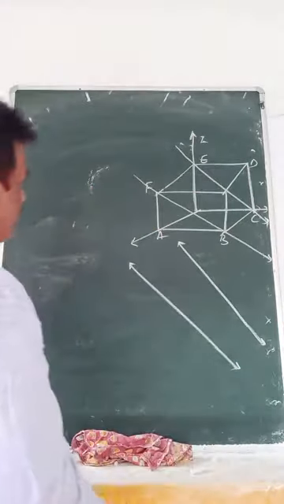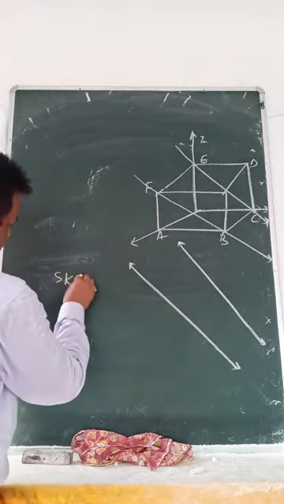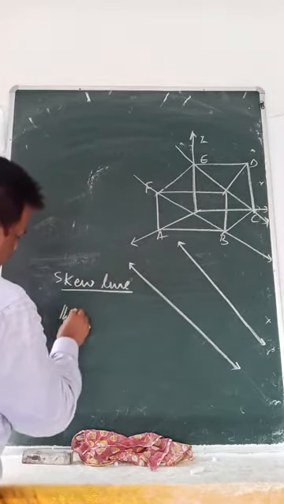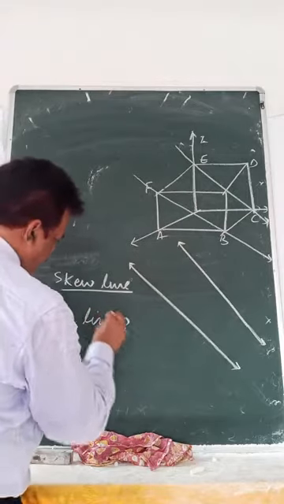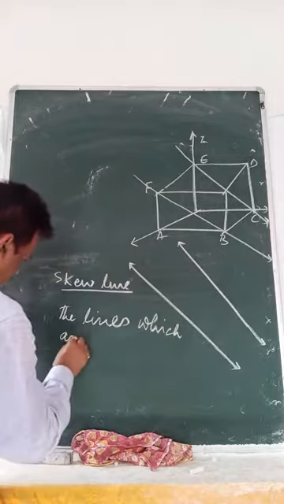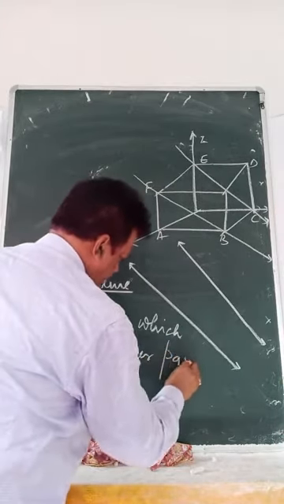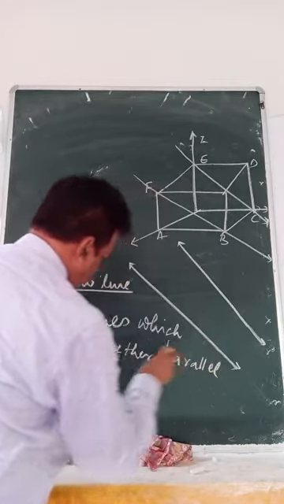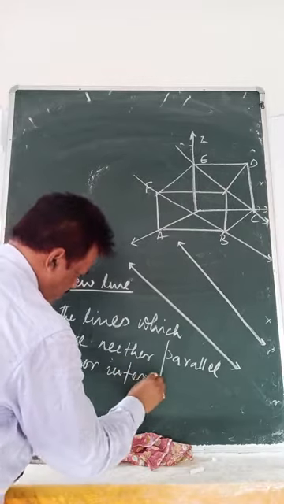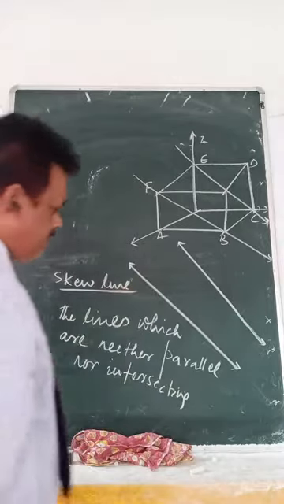So let me write down what is called a skew line. The lines which are neither parallel nor intersecting are called skew lines.